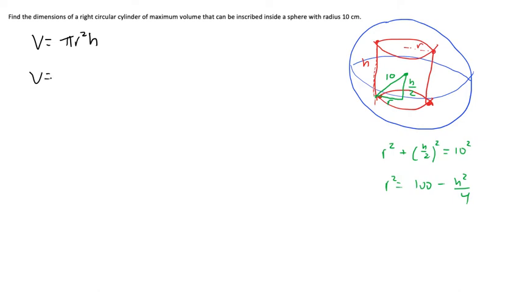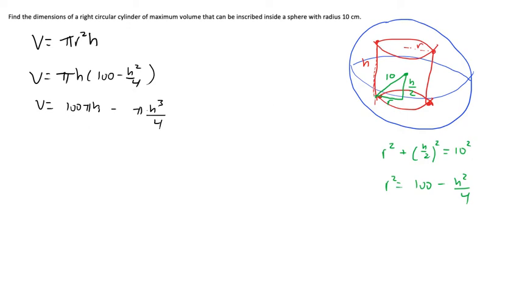The volume is pi times h times r squared, which is 100 minus h squared over 4. So our volume is 100 pi h minus pi h cubed over 4. This is the equation for the volume of this right circular cylinder.